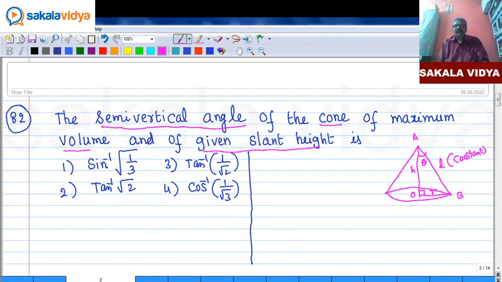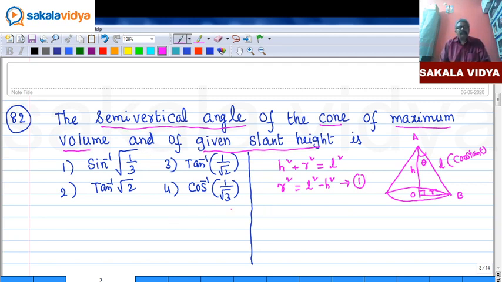Now we have the relation. This is a right angle triangle. The relation between L, H, R is H square plus R square equals L square, where R square equals L square minus H square. Say equation 1. Now we need to maximize the volume.